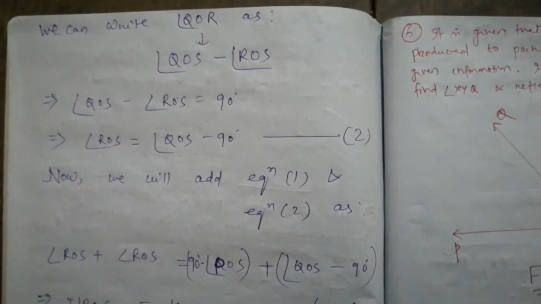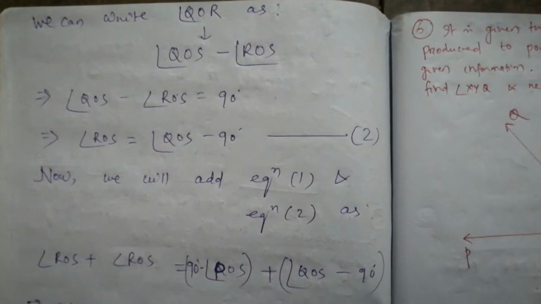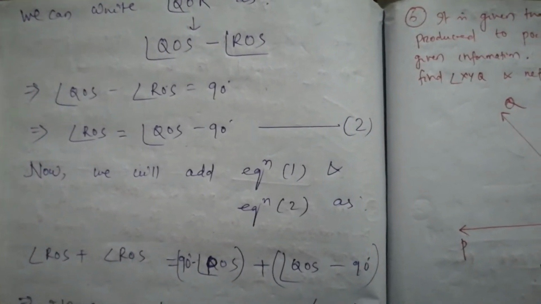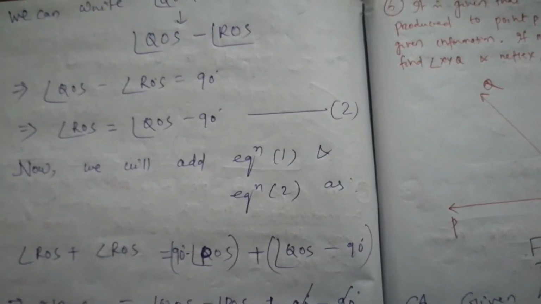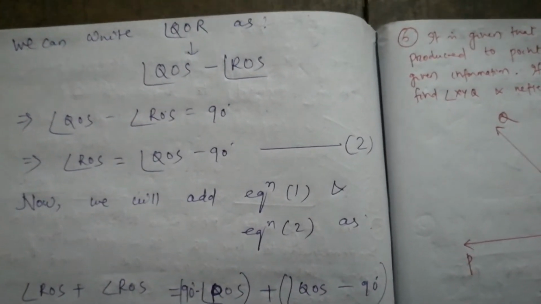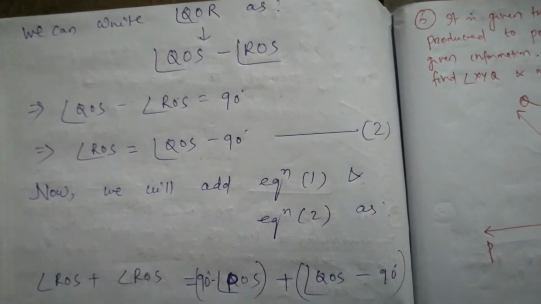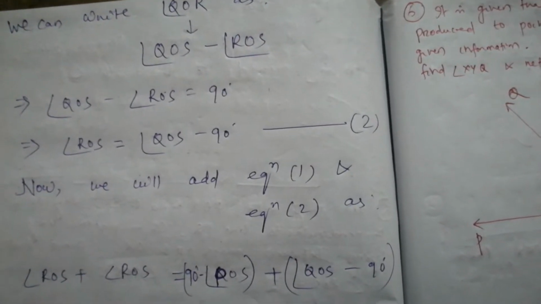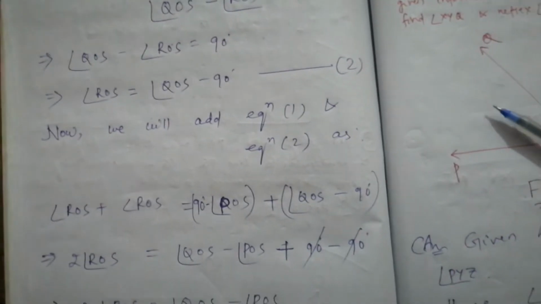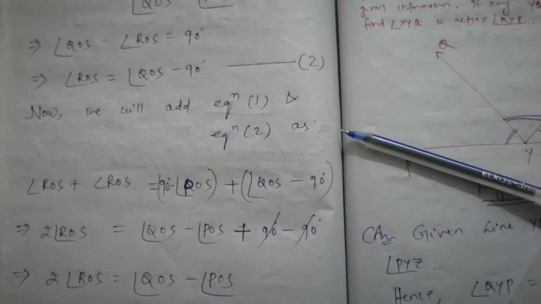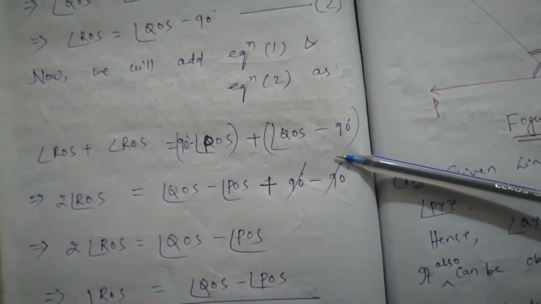We can write angle QOR is angle QOS minus angle ROS. Okay. This implies angle QOS minus angle ROS equal to 90 degree. So, angle ROS equal to QOS angle minus 90 degree. So, this is equation 2. Now, we will add equation 1 and 2 to get our answer. Okay.